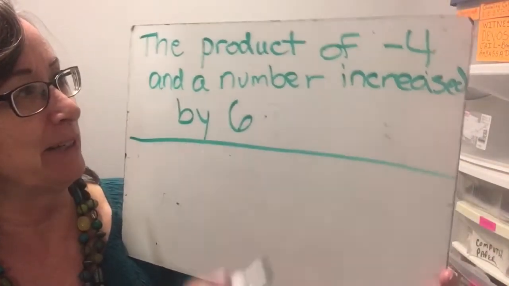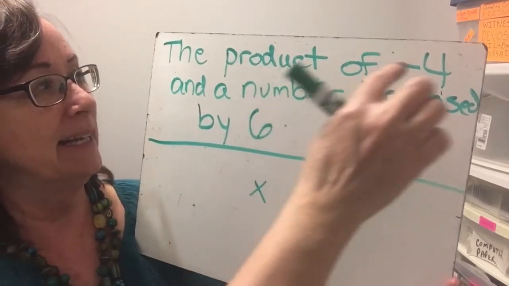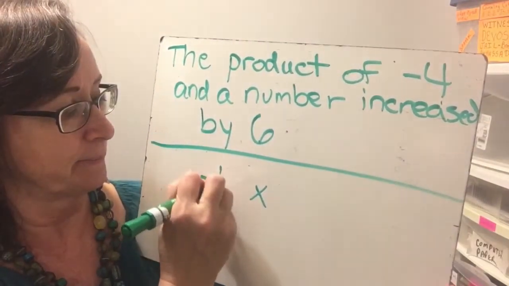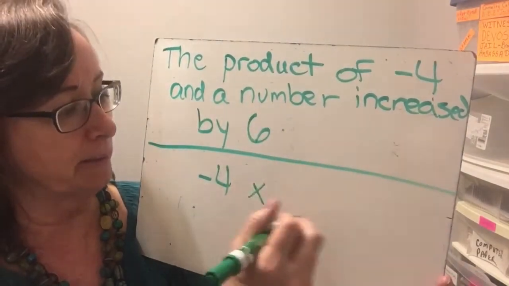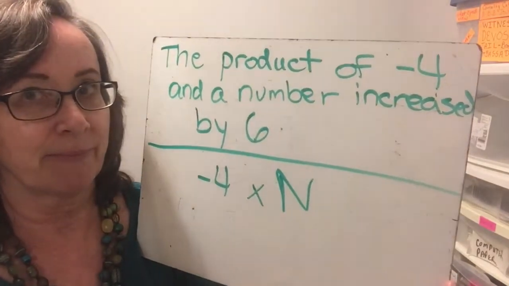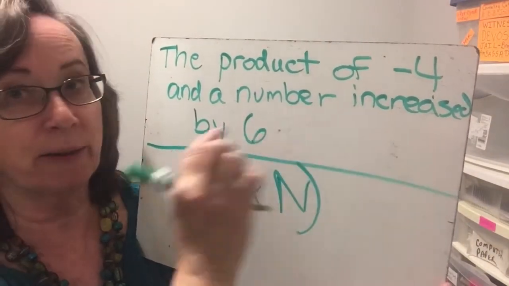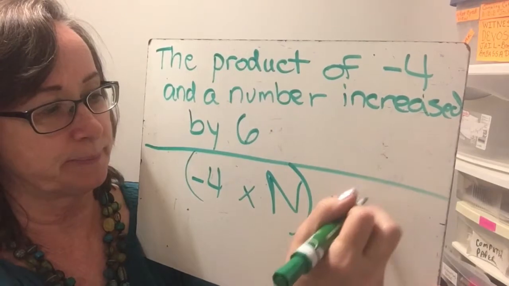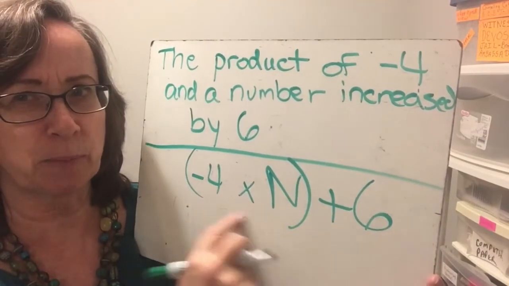All right, so hopefully you did that. We got the product is times of -4, and is where we're going to put the times, a number. Then all of this is increased by 6. I put this in a parenthesis because I will make this look prettier.